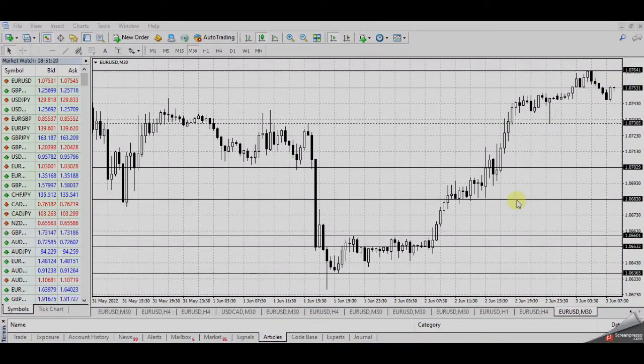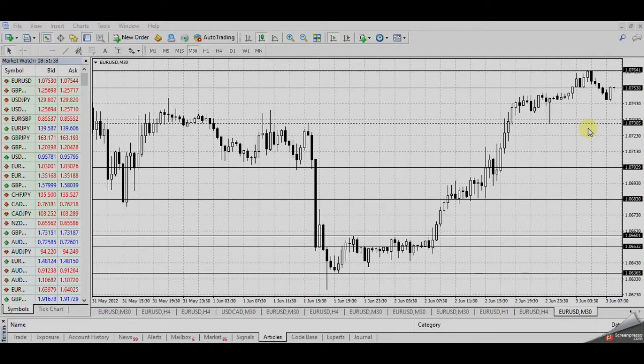Okay, this bad scenario with an hourly black candle closing below 0.7305 is involved in a very good NFP data today.